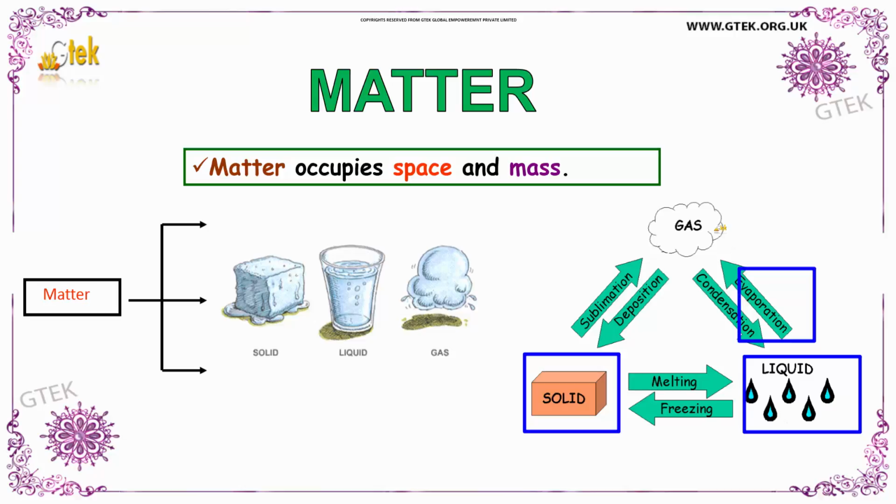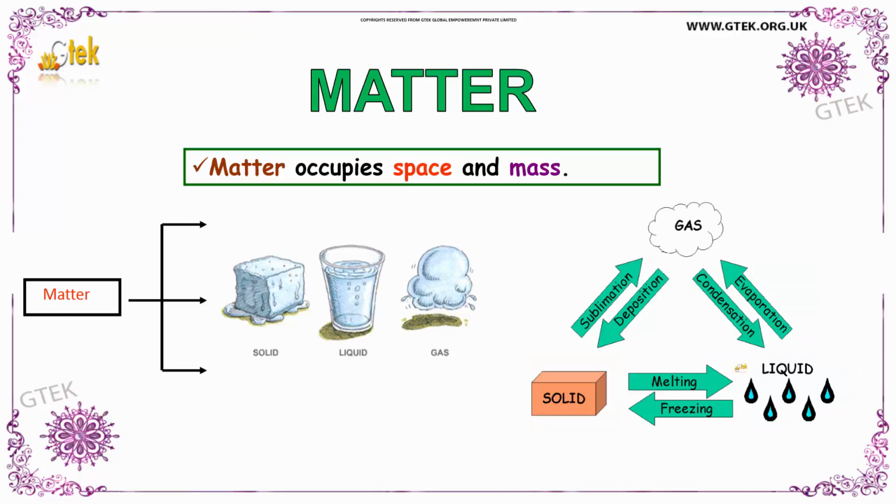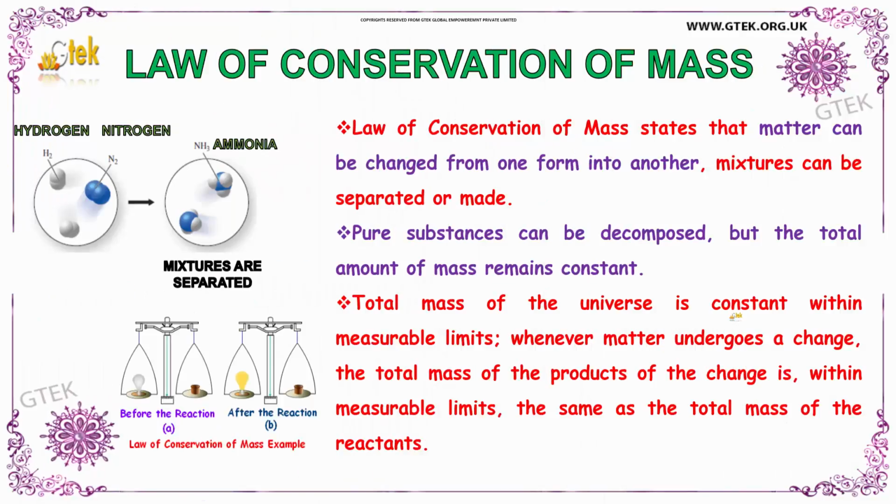Liquid, if it evaporates, will give gas. Gas condenses to become liquid. Gas will be converted to solid if deposition happens, and sublimation will take care of converting solid to gas. These are the overall processes happening between different states of matter.